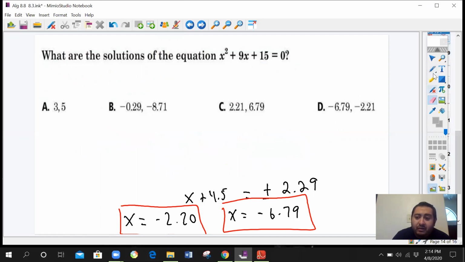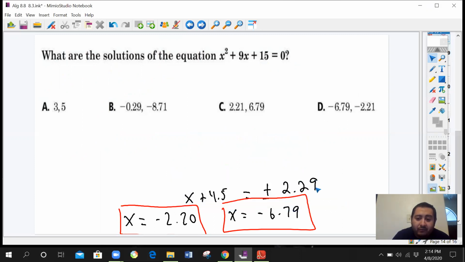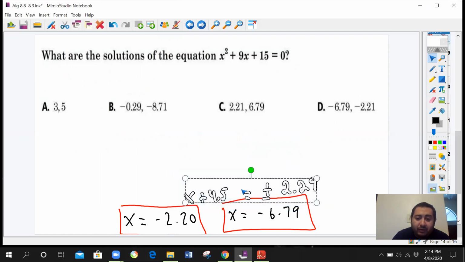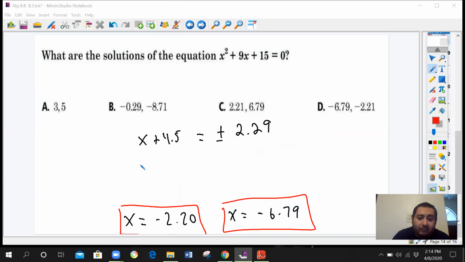And leave it in this section. Let me see if I could highlight this information only. Perfect. So technically what happened is that I just split them apart and put x plus 4.5 equals 2.29.